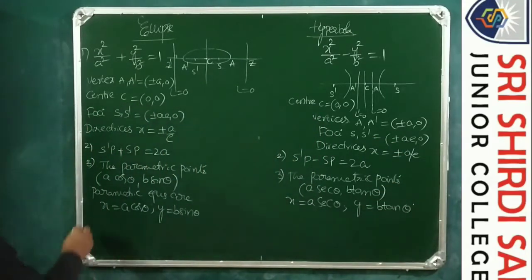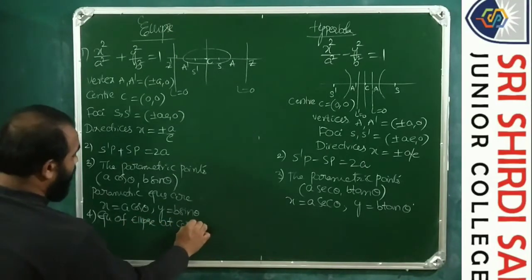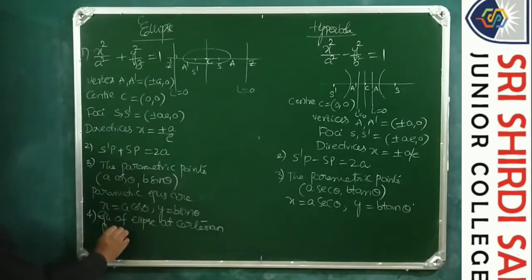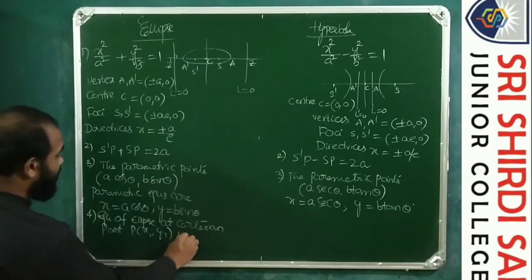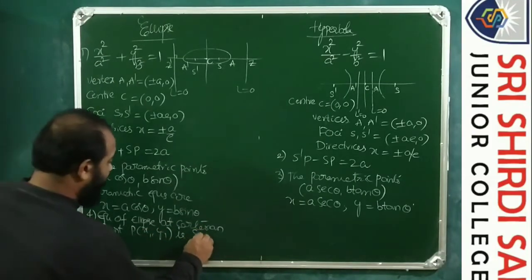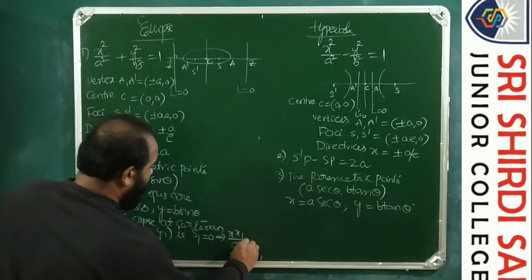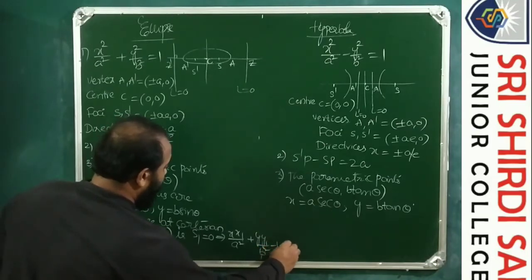So here equation of the ellipse at Cartesian point P x1 y1 is S1 equals to 0. That means x1 by a square plus y1 by b square minus 1 equals to 0.